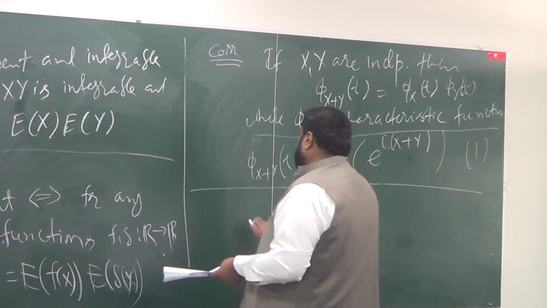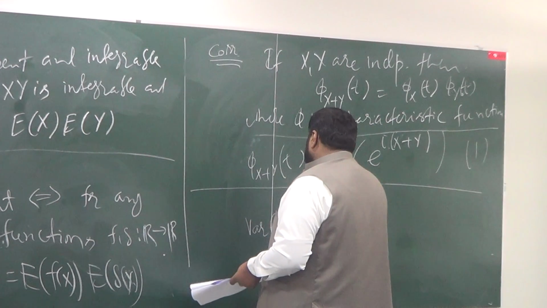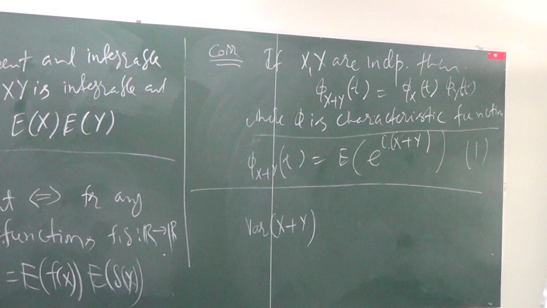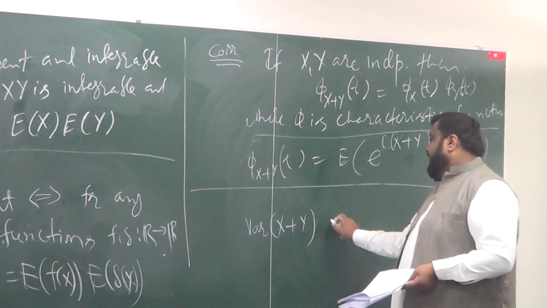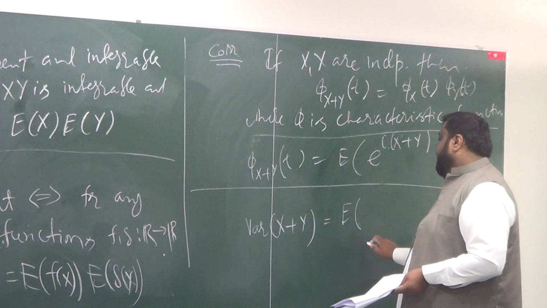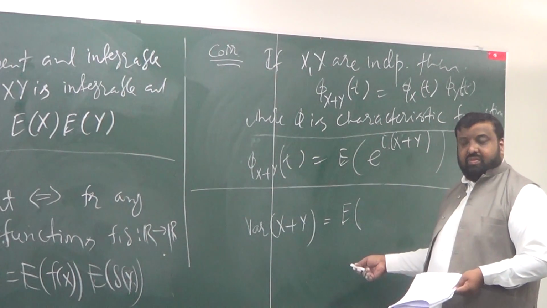How about the variance of x plus y, if x and y are two independent random variables? I know that this is the same as the expectation of (x plus y) squared.